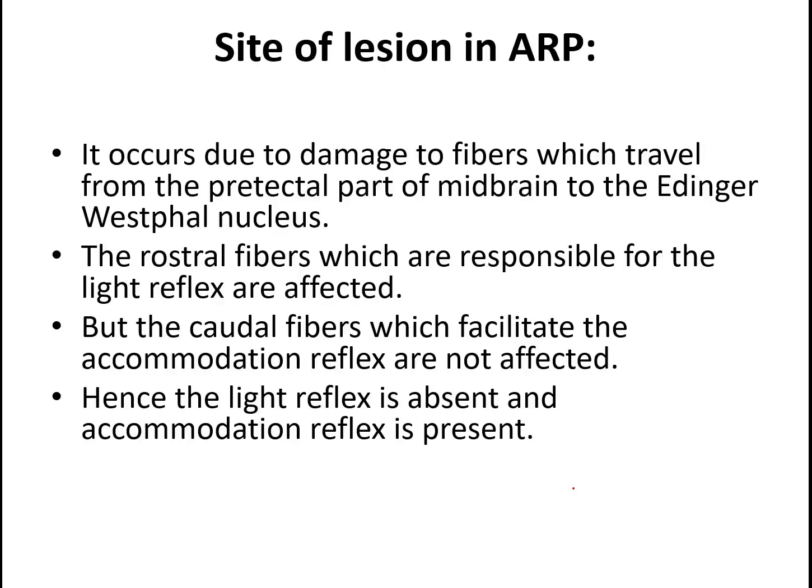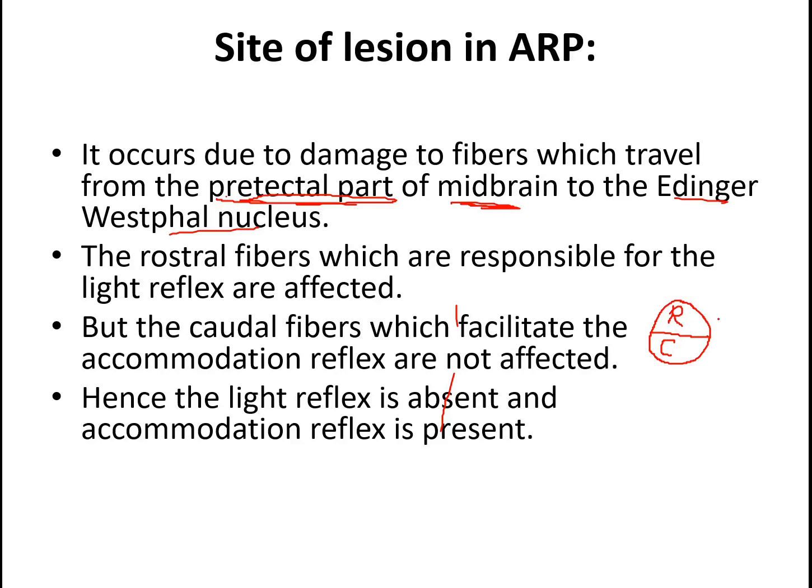Where is the lesion in these patients? It occurs due to damage to the fibers. If you can see here, the pretectal nucleus is present in the midbrain, and this is what stimulates your Edinger-Westphal nucleus. This pretectal nucleus has a rostral part and a caudal part.